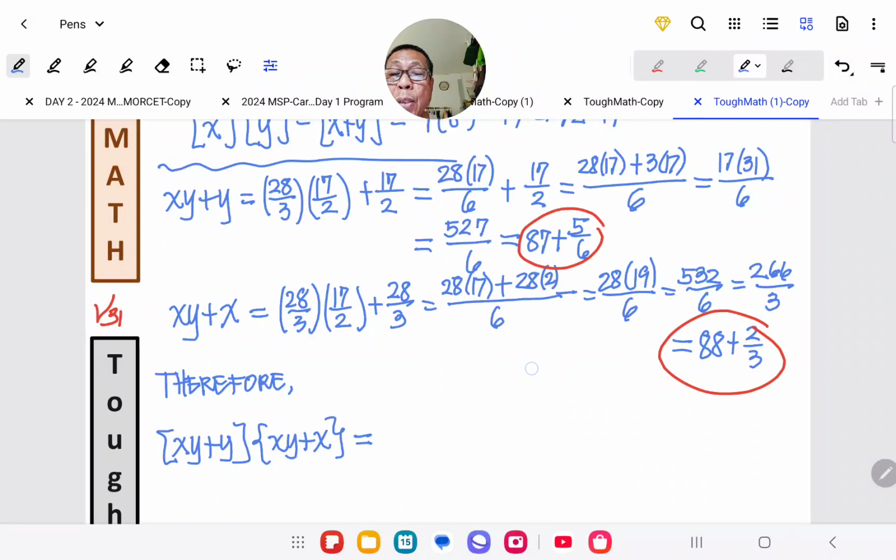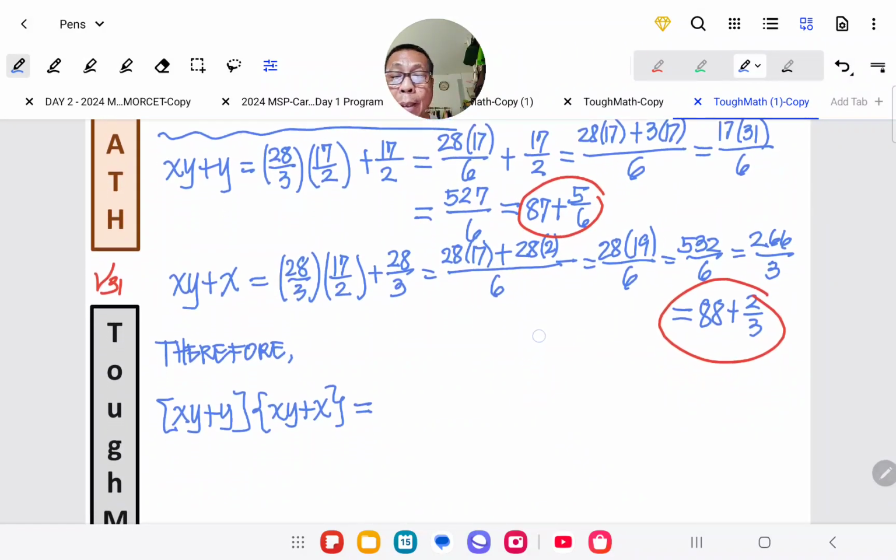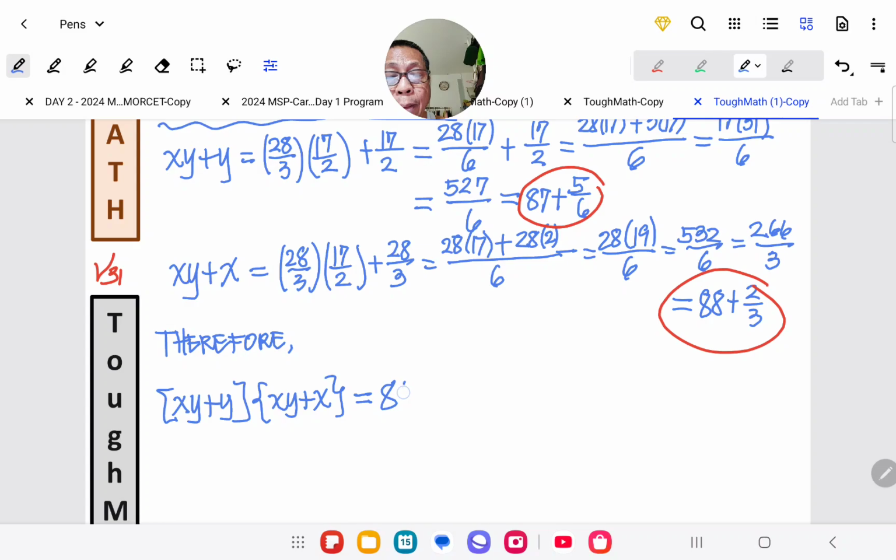Okay, xy plus y, the greatest integer value is 87, and the fractional part of xy plus x is 2/3, which is equal to 87 is divisible by 3, 29. This is 29 times 2 equals 58. So we have this result.